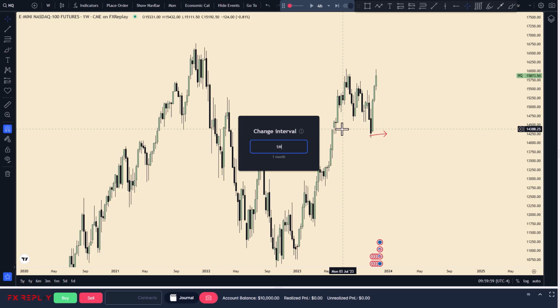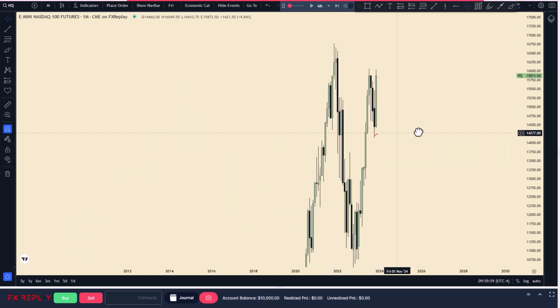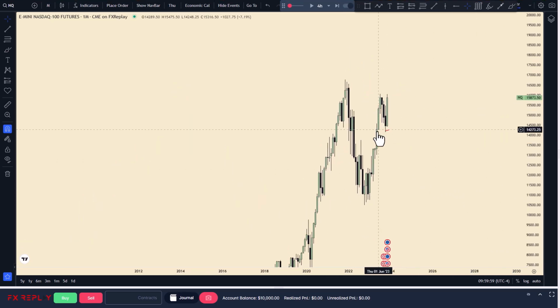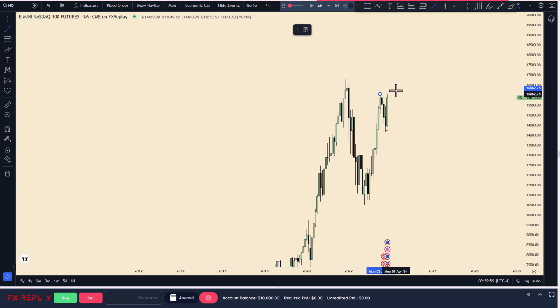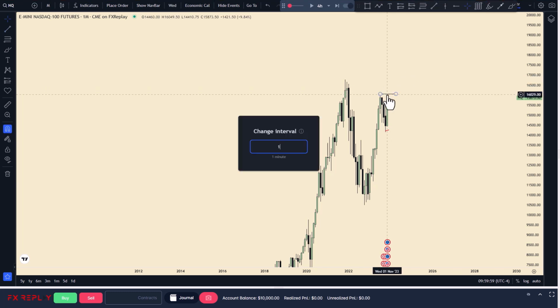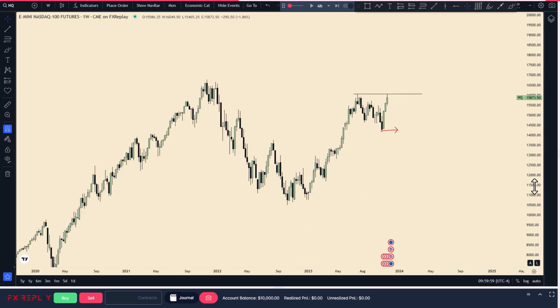Let's go to the monthly. Yeah, so beautiful top into this imbalance, fair value gap, and then the next target is this one right here. We already tapped into it. Let's go back to the weekly.